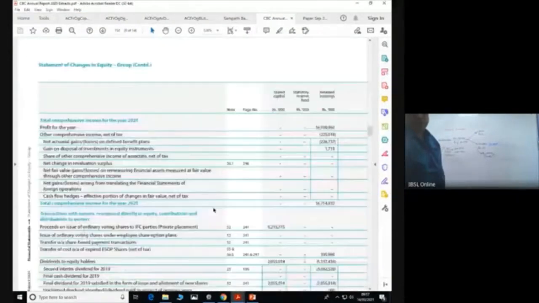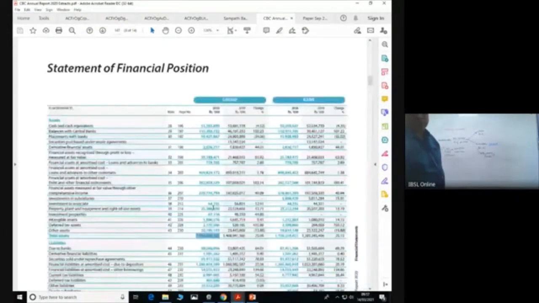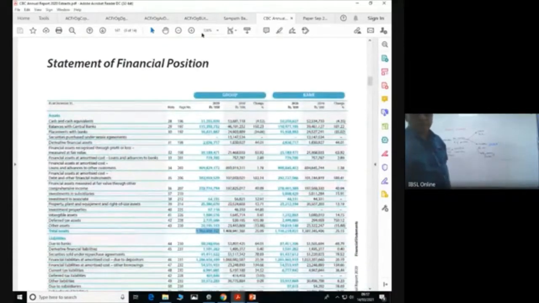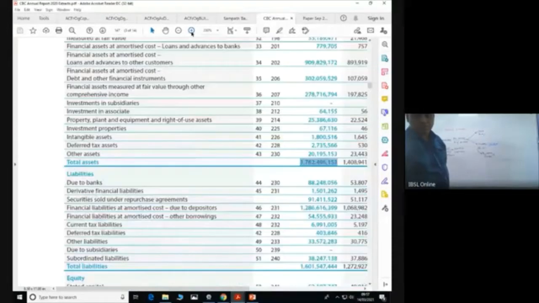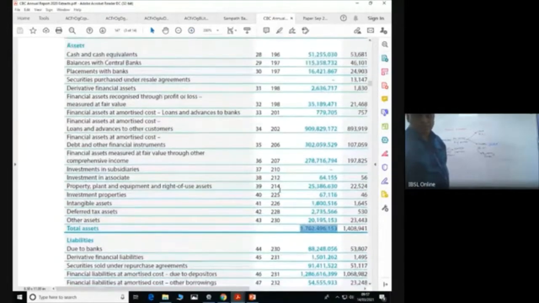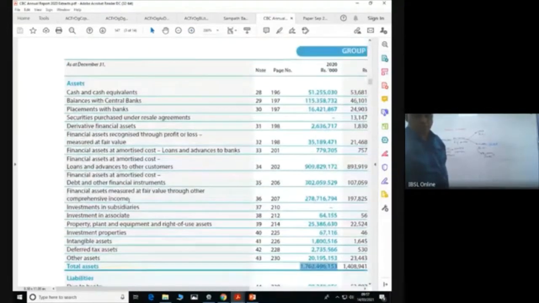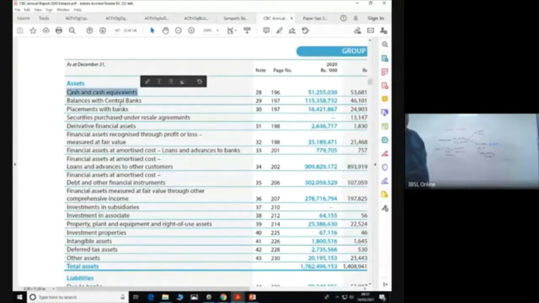This is the statement of financial position. Just look at these items. Some of the items you might not know right now. But look, what is the first item? Cash and cash equivalent, which is the most liquid item in a bank.